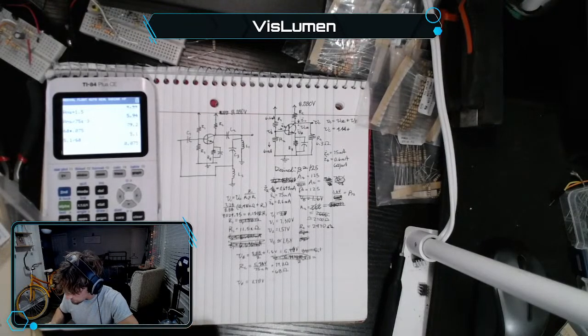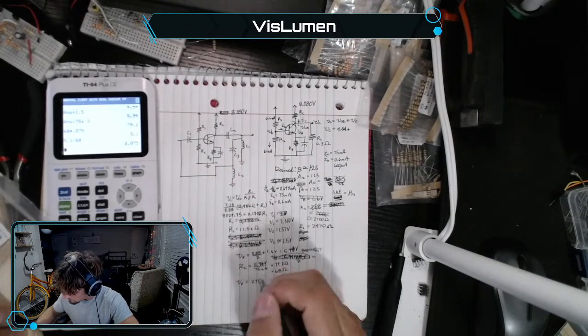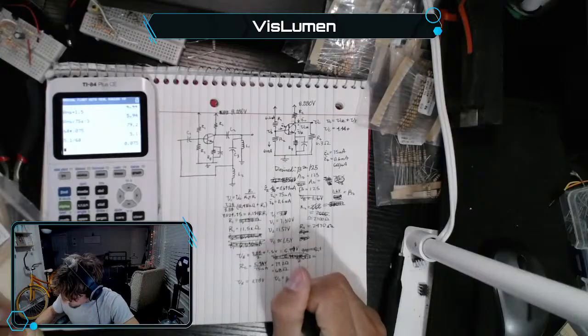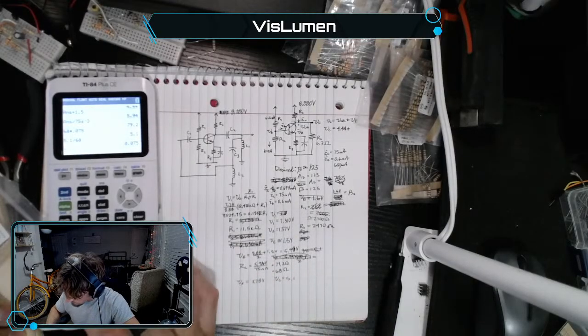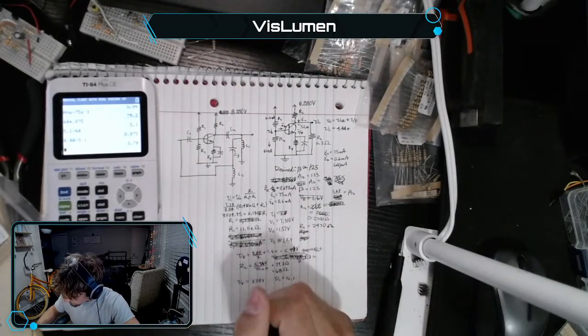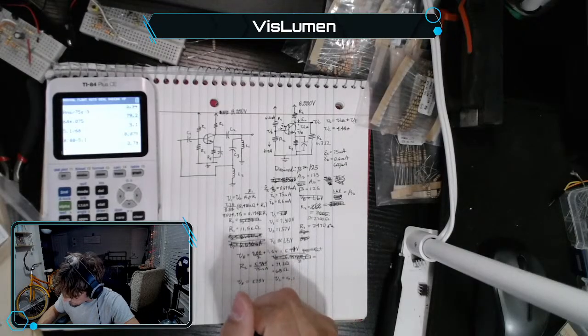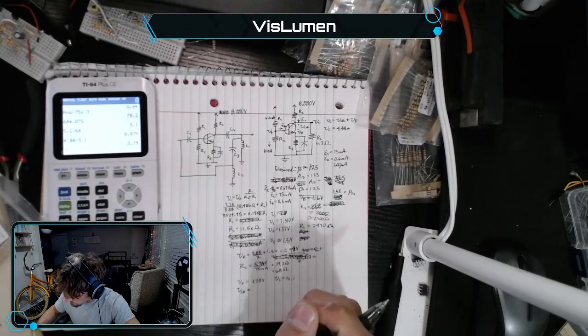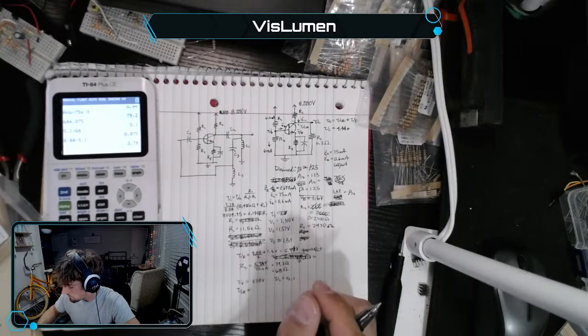So the voltage across RC equals 5.1. 8.88 minus 5.1 is 3.78. So VE equals 3.78. VCE equals, oh shoot, 68.